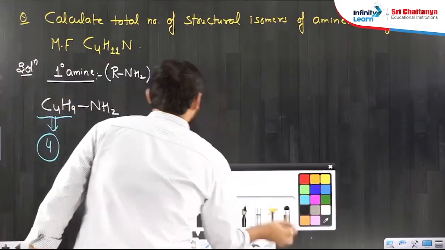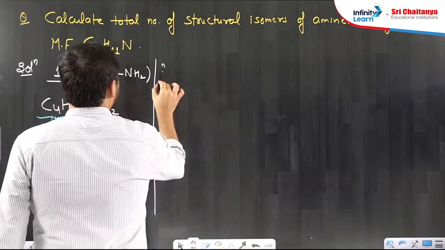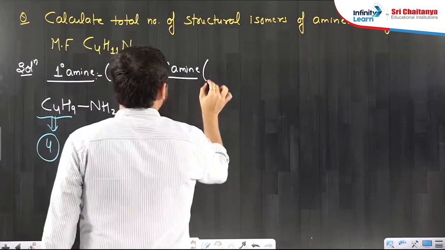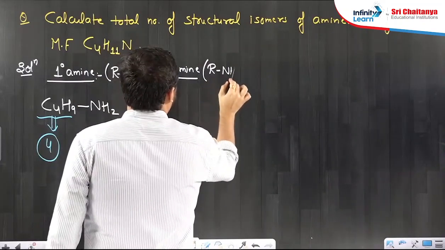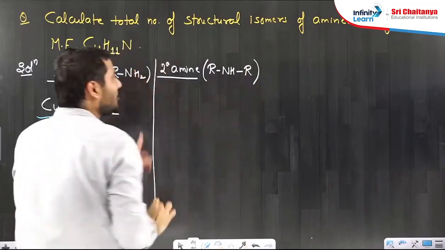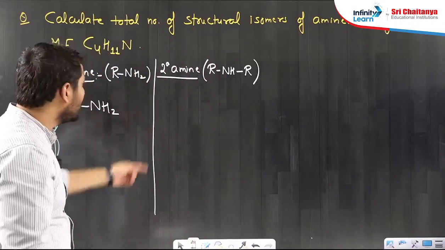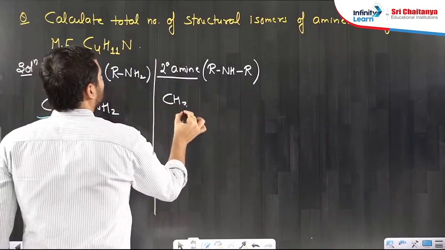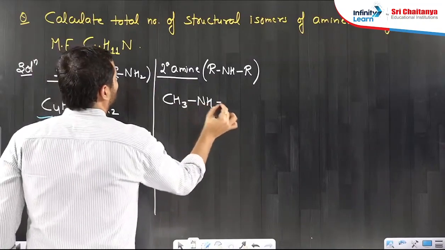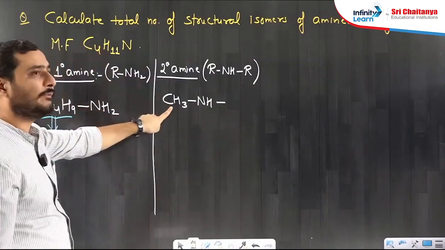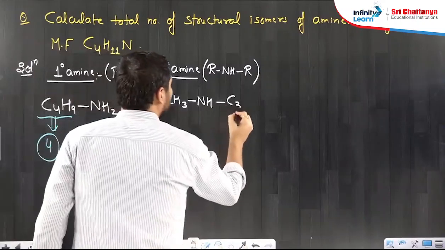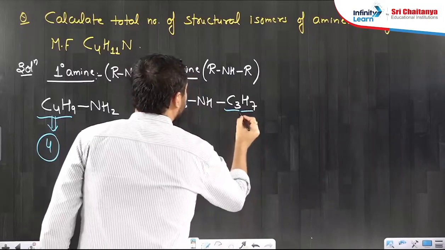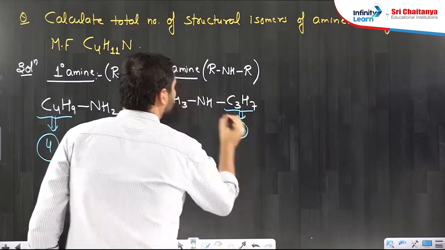Now let us move to the secondary amine. The representation is RNHR. On both sides we have to write an alkyl group. Let us start with the simplest alkyl group, CH3, NH. Now total carbon atoms are 4, 1 we have fixed, remaining carbon atoms are 3. So for C3H7, how many isomers are possible? 2 structural isomers.